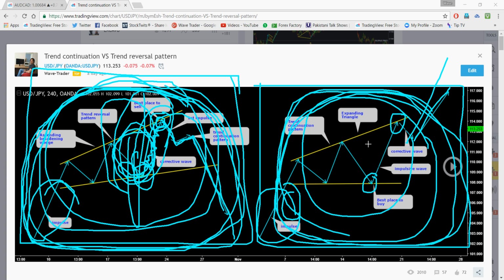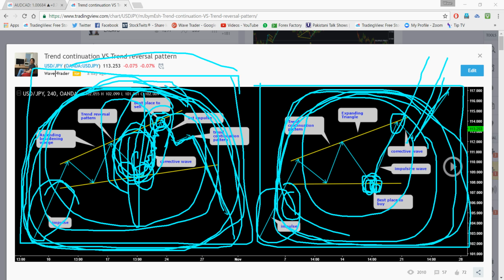The indicator points to the other direction, but this pattern continues with the trend. Sometimes when price comes close to this point, your indicator is neutral. If you are using RSI, it is going to indicate that it is overbought and price is going to continue to the upside. So this is really important.